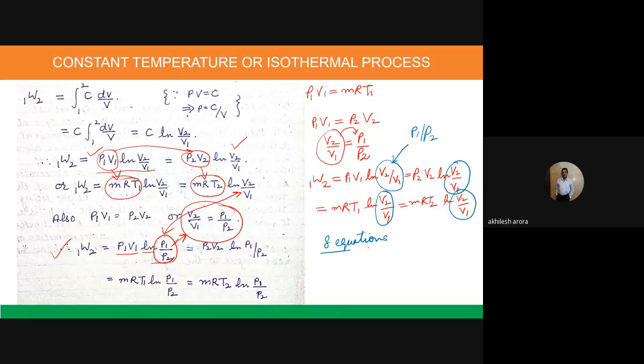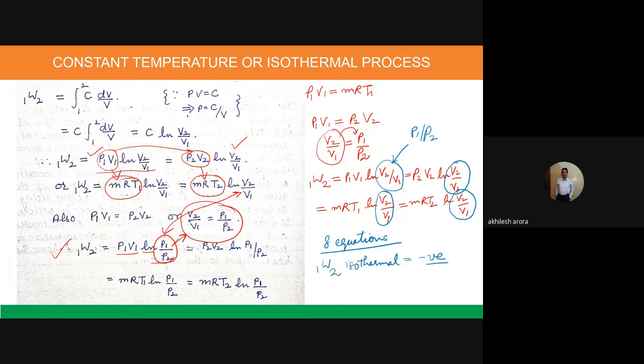Now, one question was asked of me just before the start of the lecture. The question is, when I calculate the value of 1W2 for an isothermal process, the value comes out to be negative.